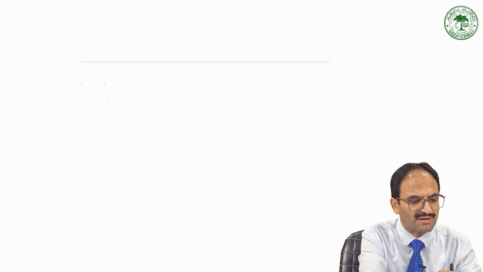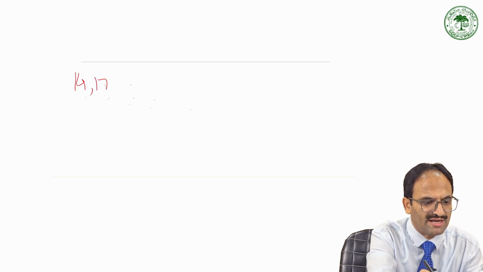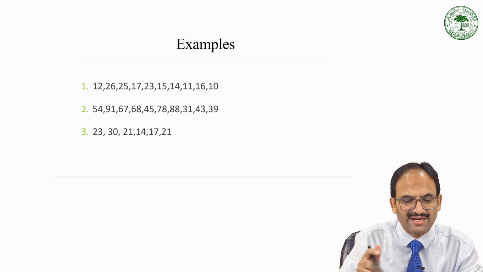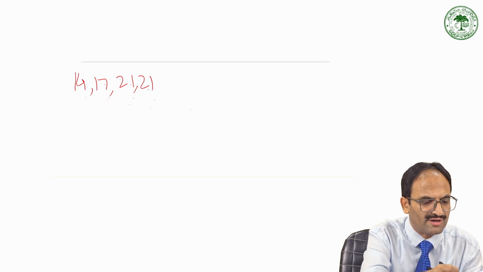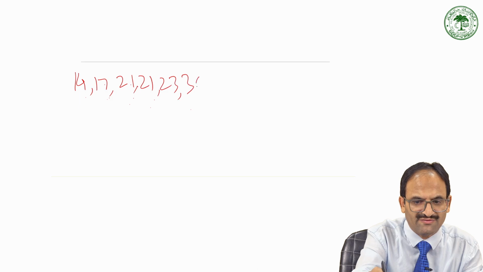So the lowest number is definitely 14, 17, 21, and then 21 two times, then we have 23 and finally 30.